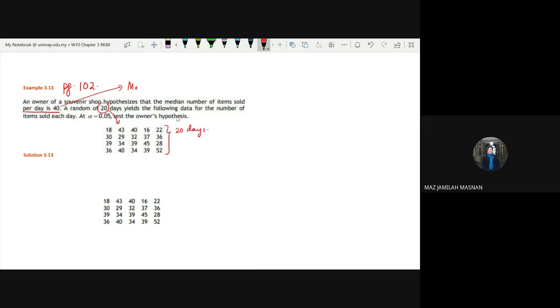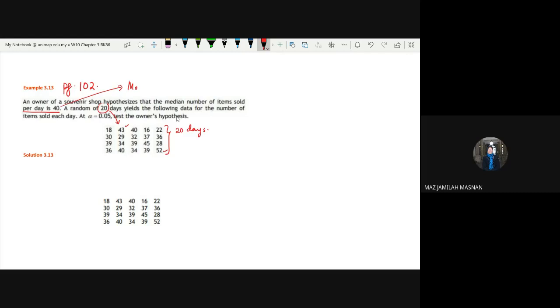So this data represents the number of items sold for 20 days. For example, on the first day, the owner sold about 18. If the second day is 43, the owner sold about 43 items. And on the last, 20th day, the owner sold about 52 items.